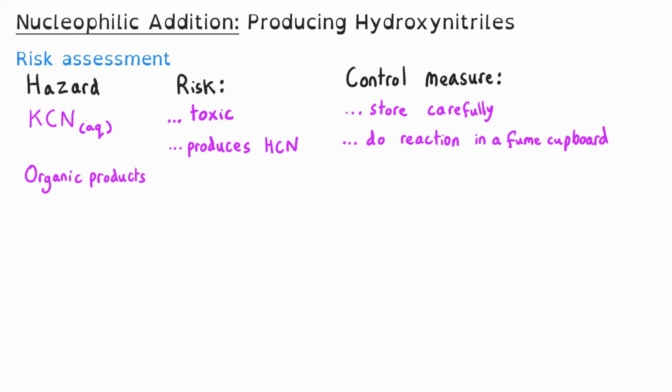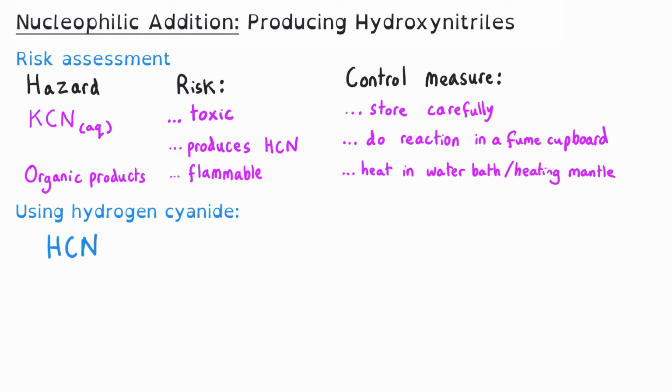In addition, this mechanism produces some organic products which are flammable, and so the control measure here is, if you want to warm the reaction to increase the rate of reaction, heat it in a water bath or with a heating mantle. Definitely no direct flames.